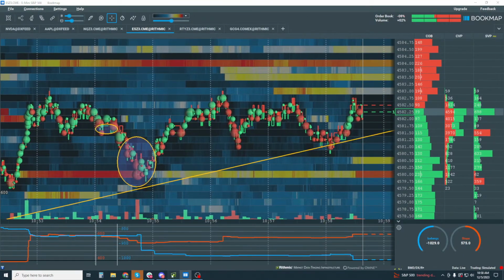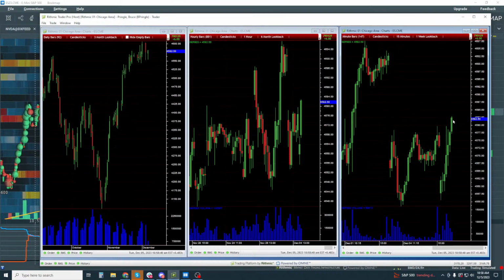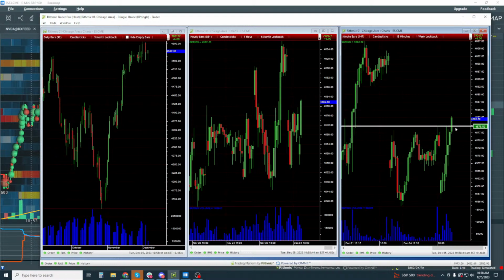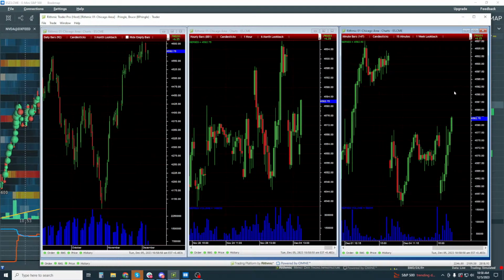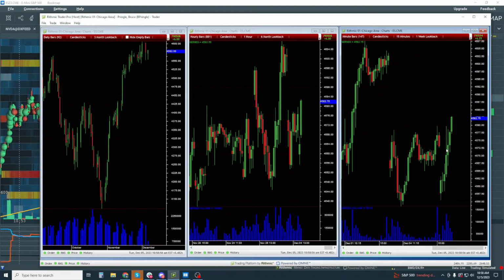Okay, so what we're talking about in here is this move back up and then falling back down into the range from all of this activity. One thing we saw, and that did play out, was these two wicks here, and it was kind of a red candle.